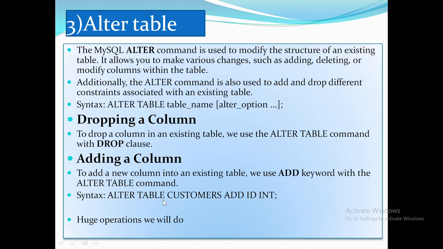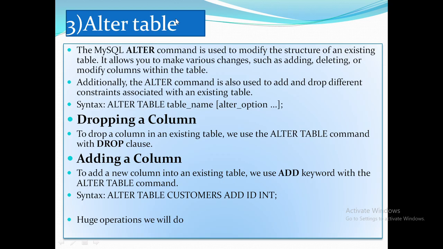Example: alter table customers add ID int. Int means data type. I already told you the need of data type before we create the table. I explained before in earlier classes. Please watch it. I'm not explaining every time what this is and what that is, because it takes a very lengthy time. I'm not interested in talking lengthily. So please watch the earlier videos. You have to use all the table operations. You can do huge operations.